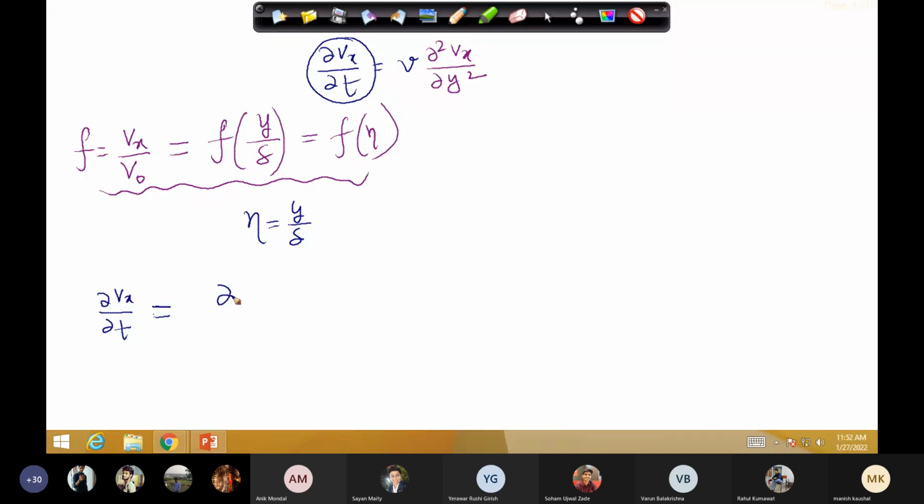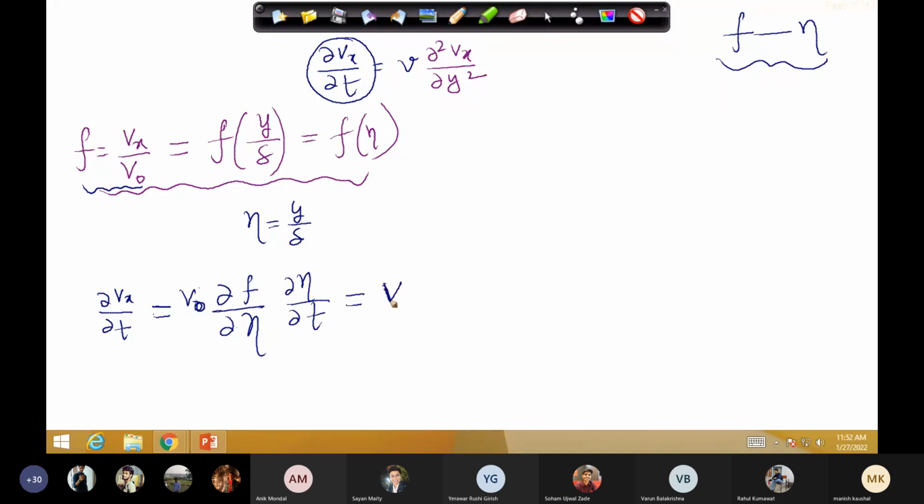I can always write vx as f into v naught. But my target is to transform everything from this y-t domain to the f-eta domain. So the derivative will involve dou eta by dou t. This is equal to v naught dou f by dou eta.